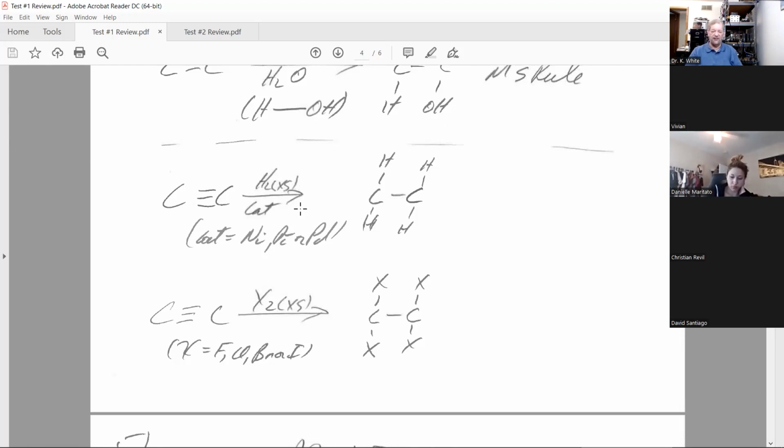That's shorthand for excess. That means you have all the hydrogen in the world to allow hydrogen to react with anything it could, in this case, the 2 pi bonds. So you break the 2 pi bonds, the sigma bond you don't, and each carbon of the triple bond gets not 1, but 2 hydrogens.